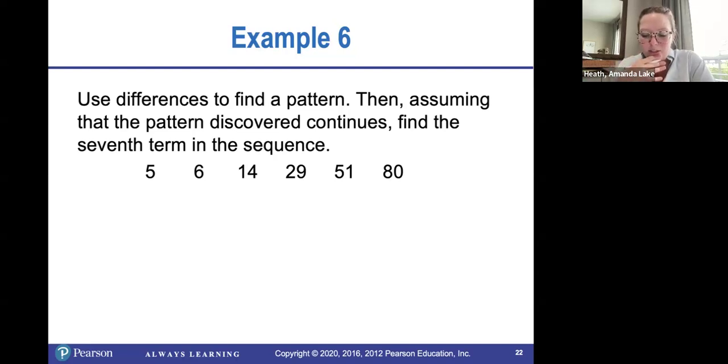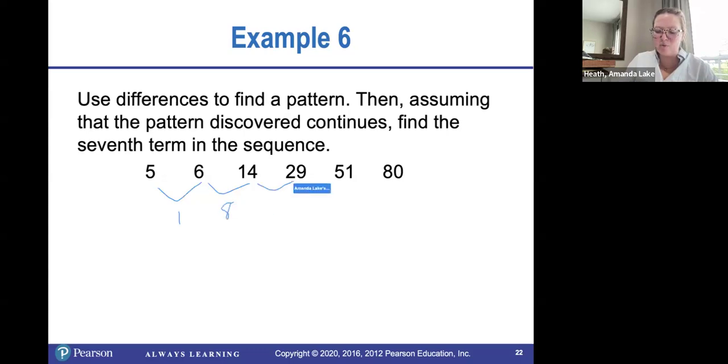So if we ask ourselves, all right, could this be an arithmetic sequence? 5, 6, 14, 29, 51, 80. We're not adding the same number every time because here the difference would be 1. The difference between 6 and 14 is 8.